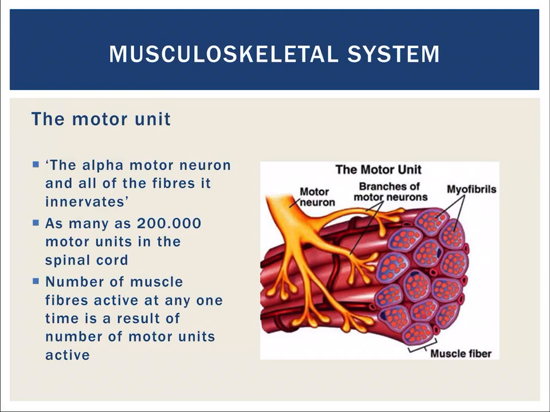And there are as many as 200,000 motor units inside the spinal cord. The number of muscle fibers that you can activate at once has a direct relationship with the amount of active motor units.